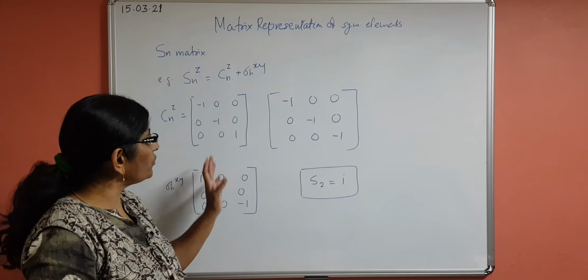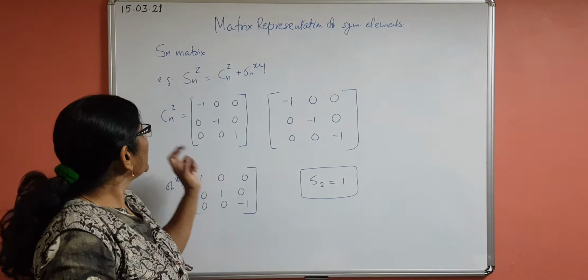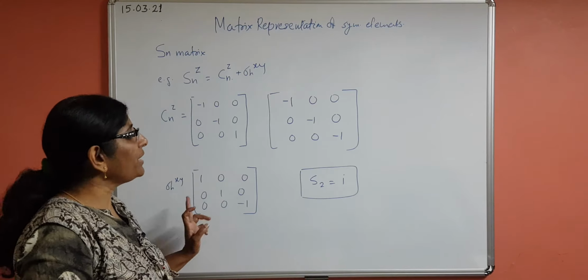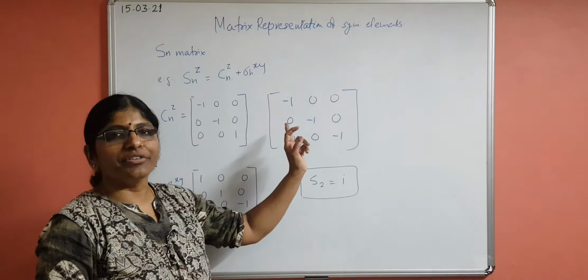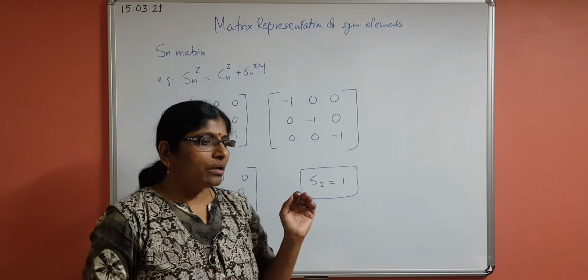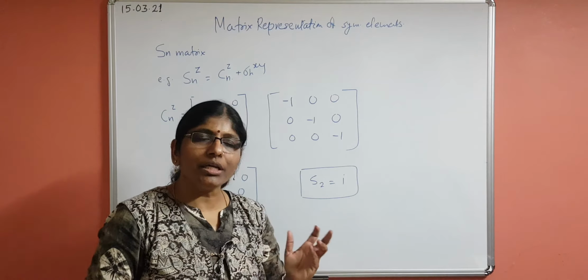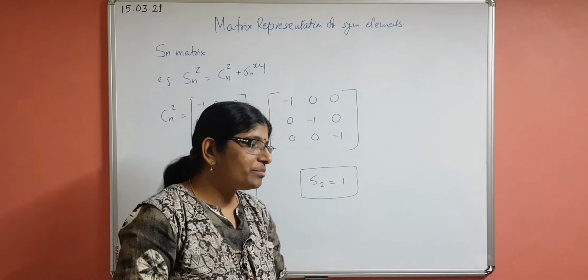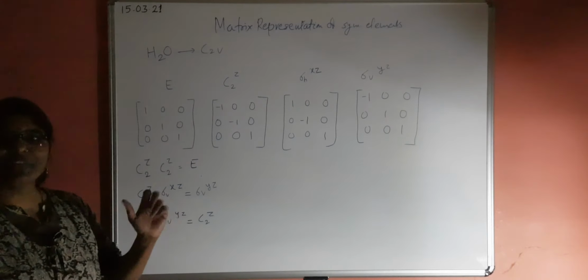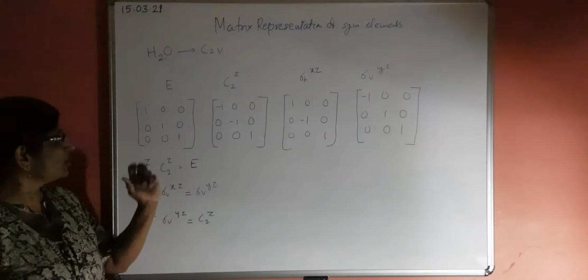Similarly, we can perform it with matrices also. If you take the product of C2Z and sigma h xy, you will end up with the center of inversion. Now likewise, we will do binary products for a point group, for example the water molecule. Due to a power failure, we'll just end up with the conclusion.